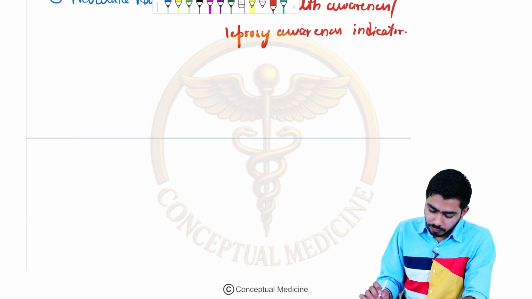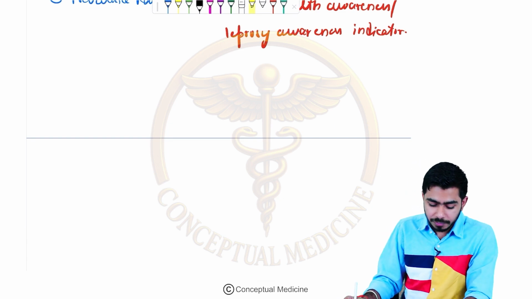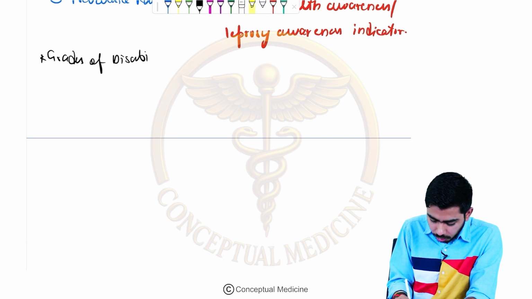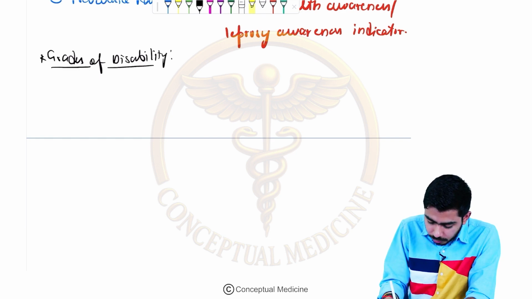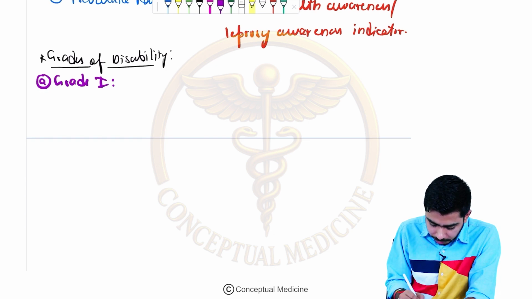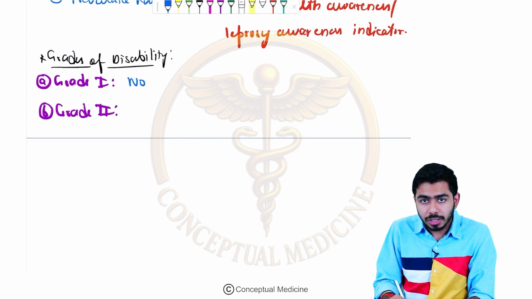Now, before closing this topic, we shall be talking about the grades of disability. I told you that disability might happen in leprosy, so in case the question comes, the first grade is grade 1, then grade 2 and grade 3. In grade 1, there is usually no disability.